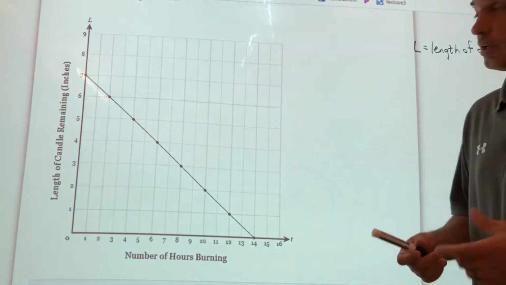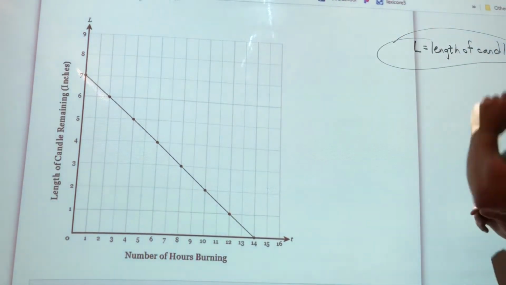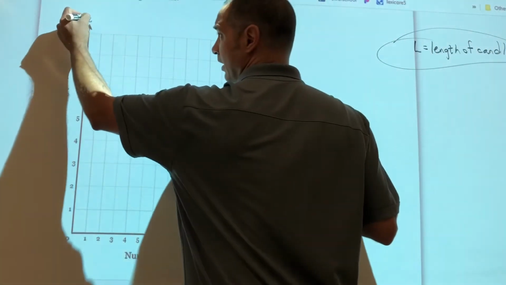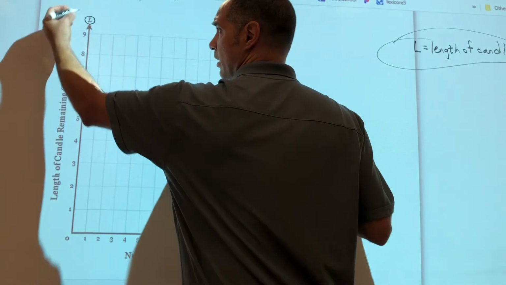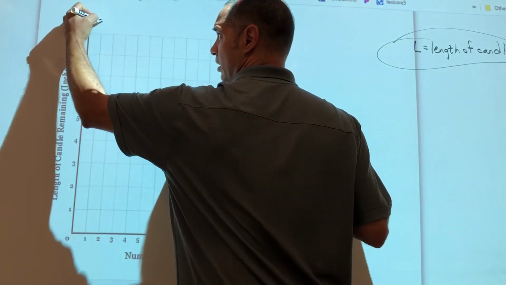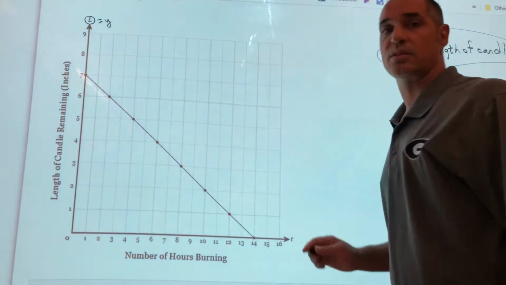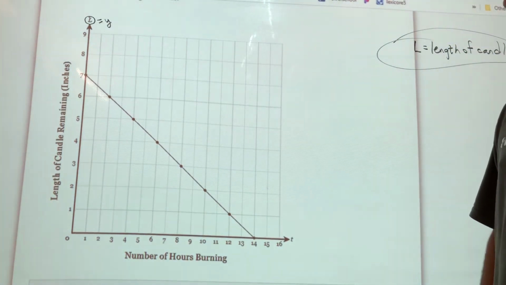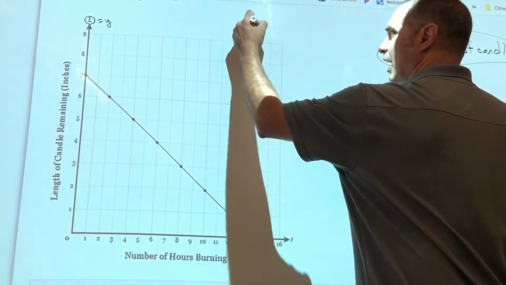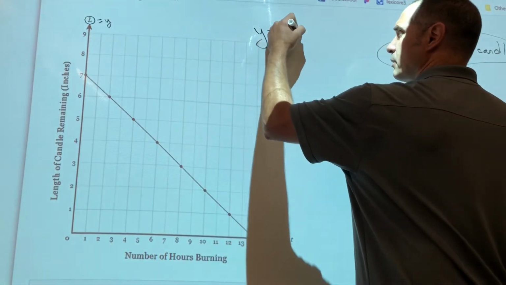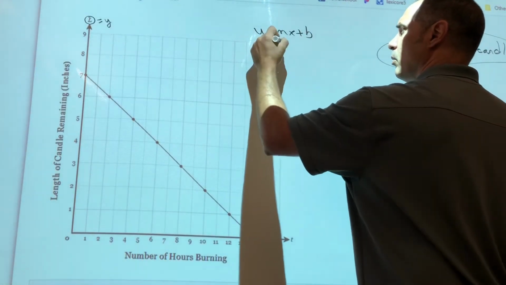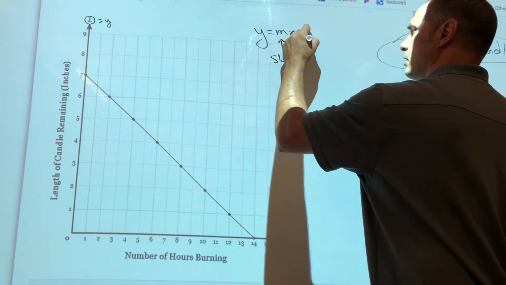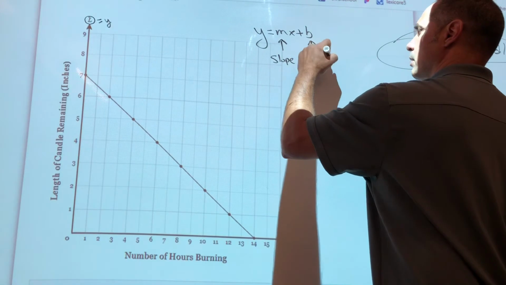So once again, L is the length of the candle. Since L is the length of the candle, and this is L, then I would say L is the same as Y. And so we have this formula y equals mx plus b, where m is the slope, b is the y-intercept.